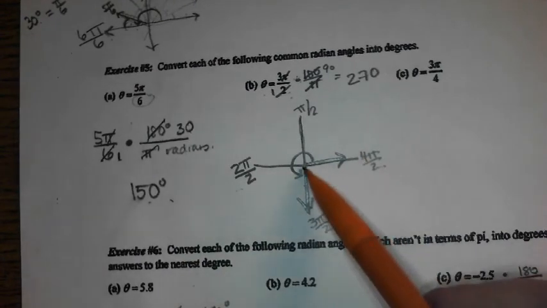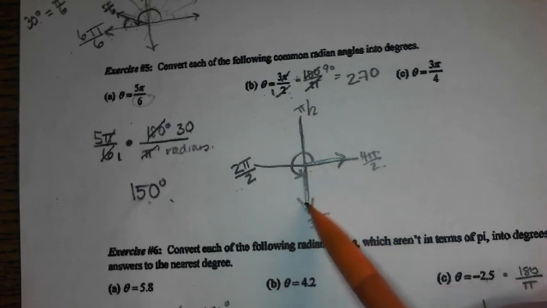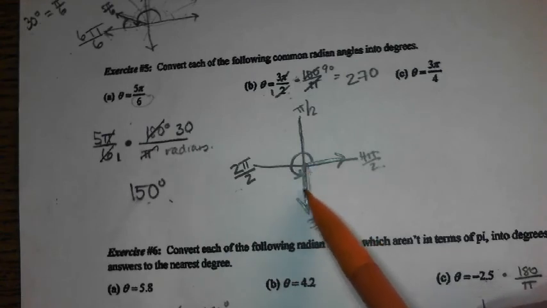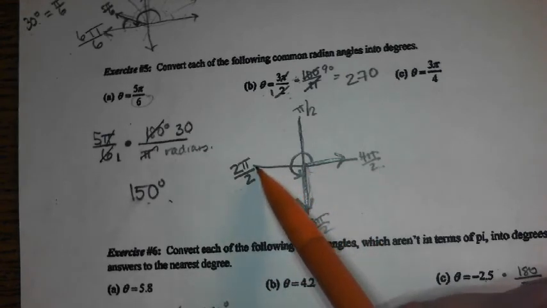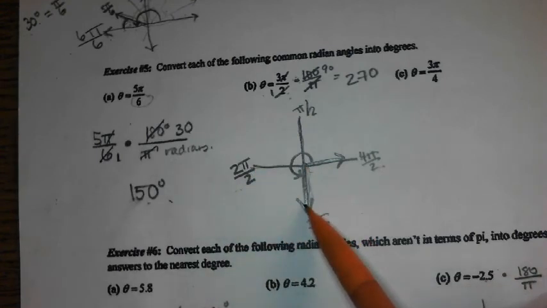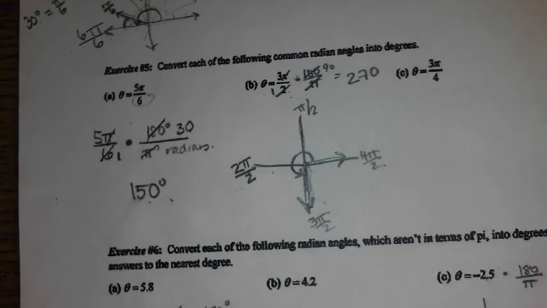What is the reference angle of this in terms of degrees? 90. What is the reference angle of this in terms of radians? What's the difference between 2 pi over 2 and 3 pi over 2? Pi over 2. From 2 pi over 2 to 3 pi over 2, that's just 1 additional pi over 2.